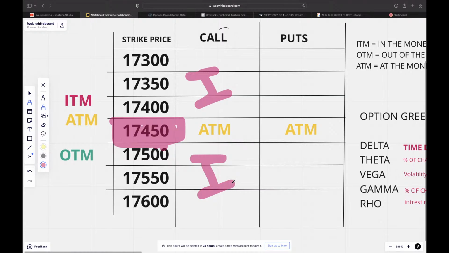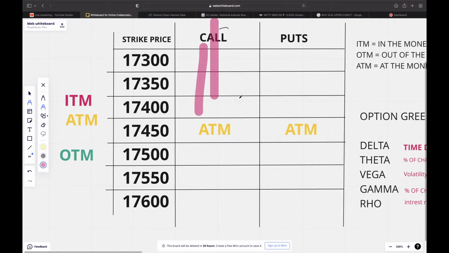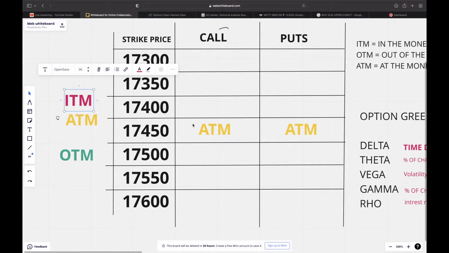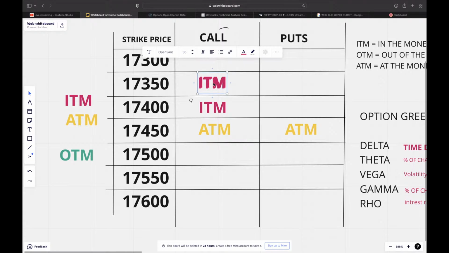Got it right, Shashank? 17,400. Bharti ma'am, how 500? Inner, I'm not talking about the outer. Inner value. In, not out. So inner will be like this. Similarly, all these below 17,450 will be your in the money.